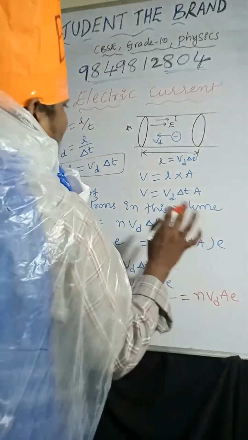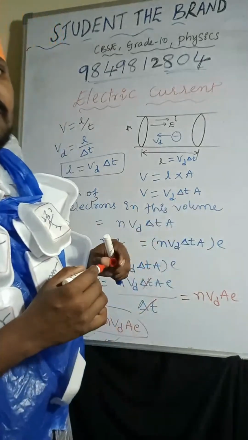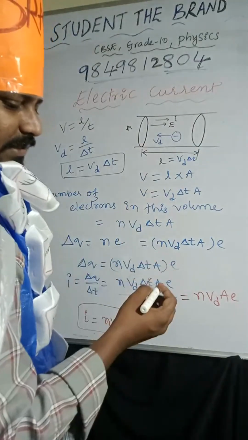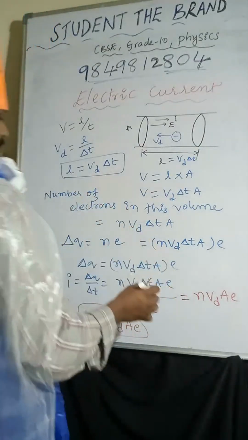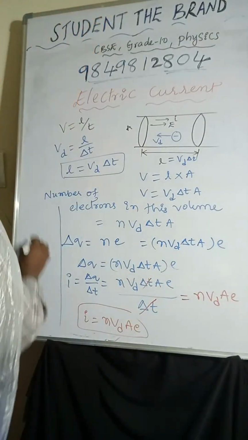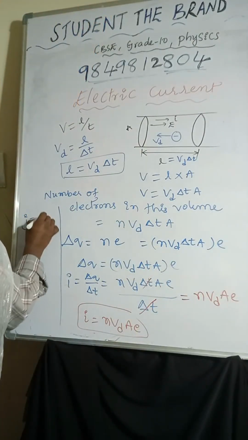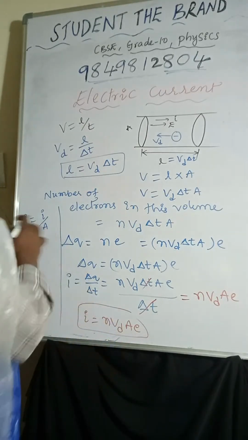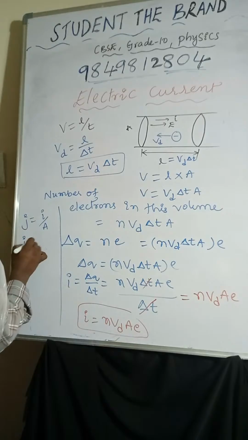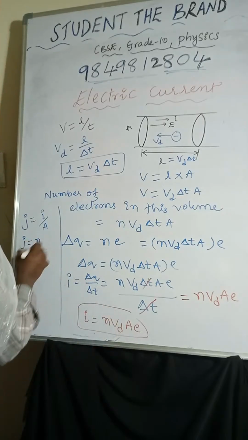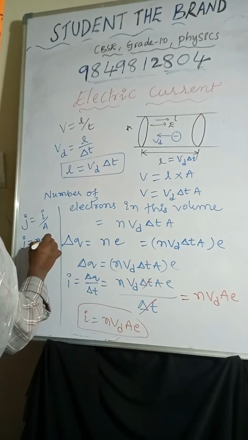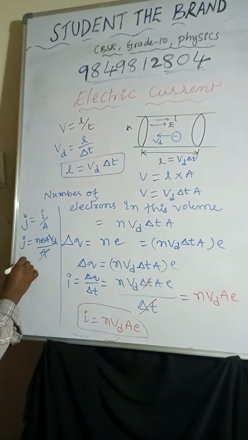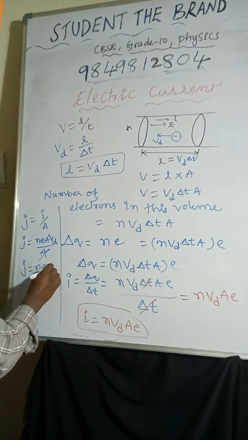Now we can take current density. What is the current density formula? Current density J equal to I by A. So I equal to N E A Vd, divided by A. So A gets cancelled, and J equal to N E Vd.